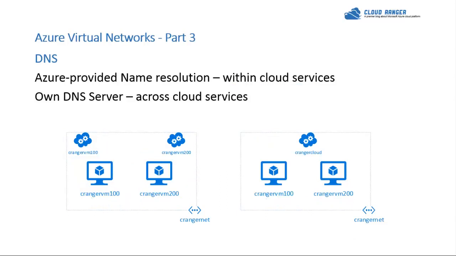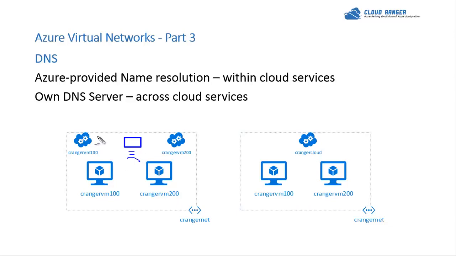So what do you do? Well, if you have a scenario like this, you'd actually have to put your own DNS server in here. That means you'd have to, for example, create a DNS server with DNS entries in there, which will resolve these two host names to their IP addresses.